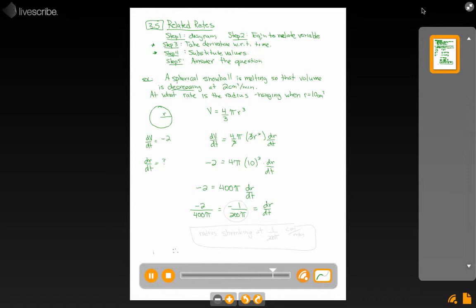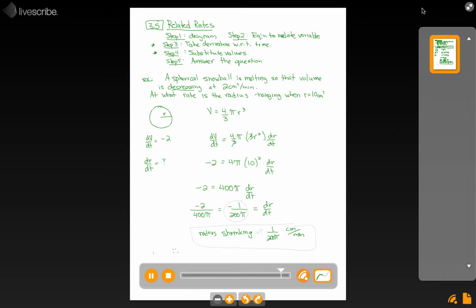What that means is that the radius is changing at a negative rate, which means that it's shrinking. So radius shrinking at 1 over 200 pi centimeters per minute.